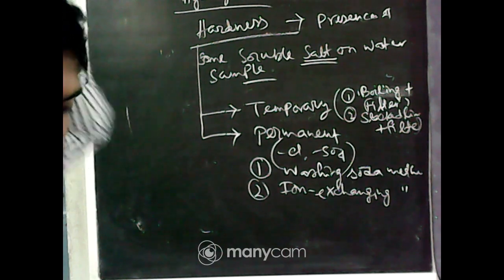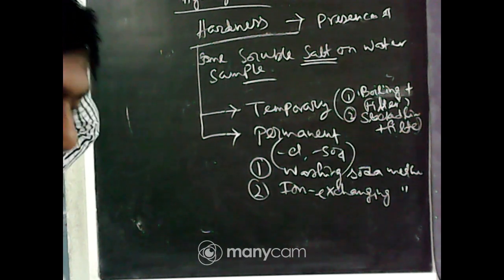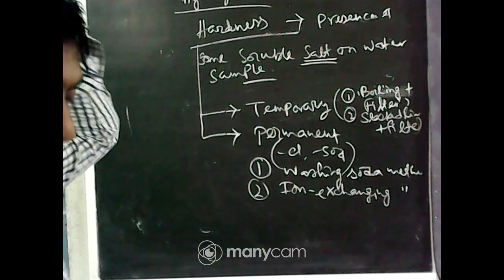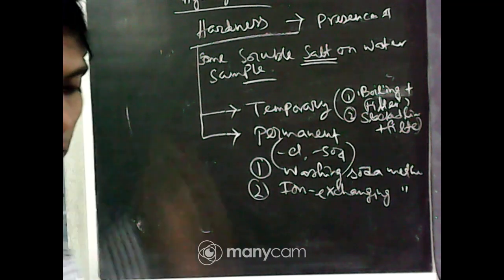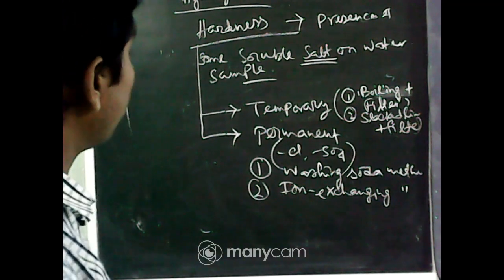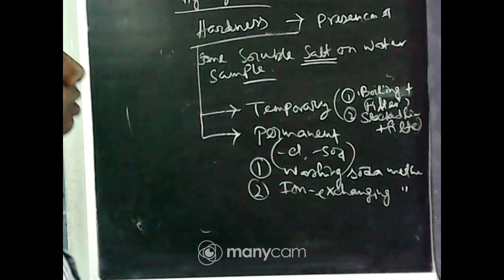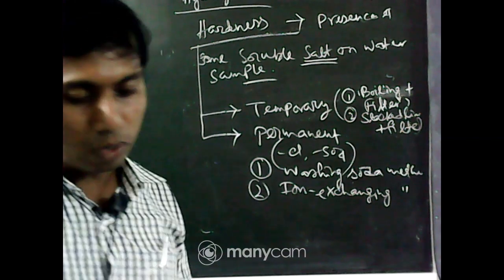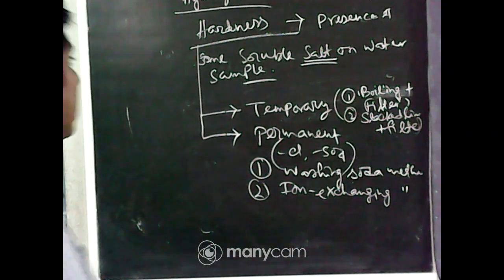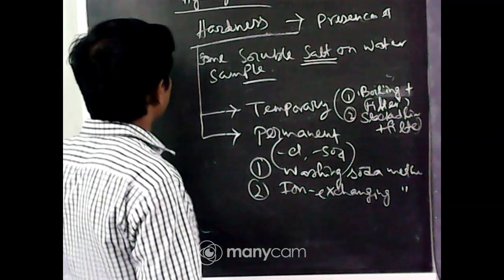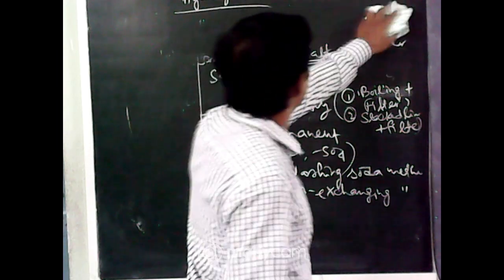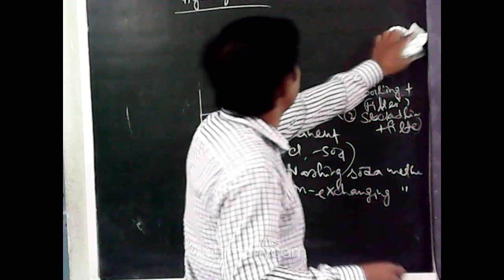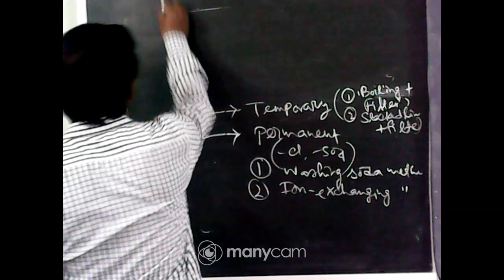First of all, the washing soda method. Washing soda is sodium carbonate. Now, when some chloride salt is present, suppose calcium chloride, then the point is removal of permanent hardness.